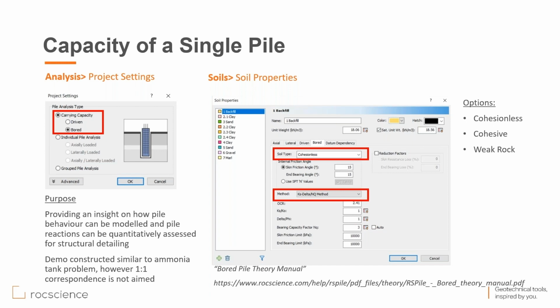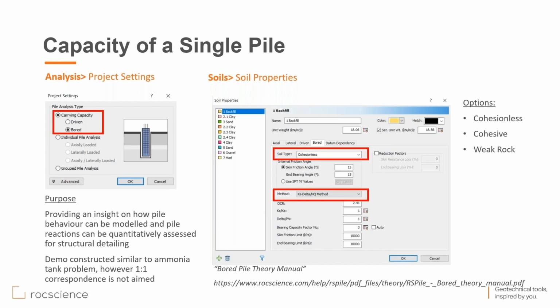Our options for soil properties are several. However, in the specific example, we have simplified them to two categories: cohesionless and cohesive soils, in terms of determining the capacities. Although weak rock is listed here and may be used for the marl layer where the end bearing is to be met, we have modified the parameters to avoid any one-to-one match and direct comparison.